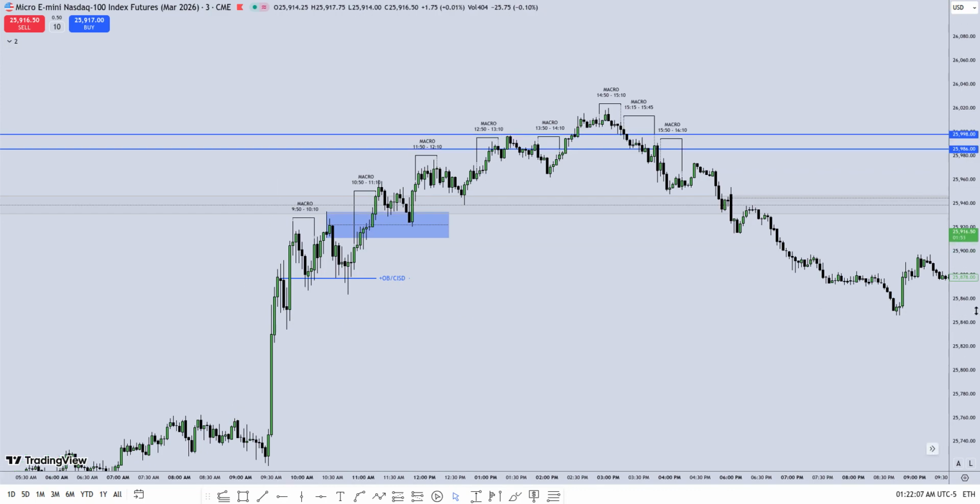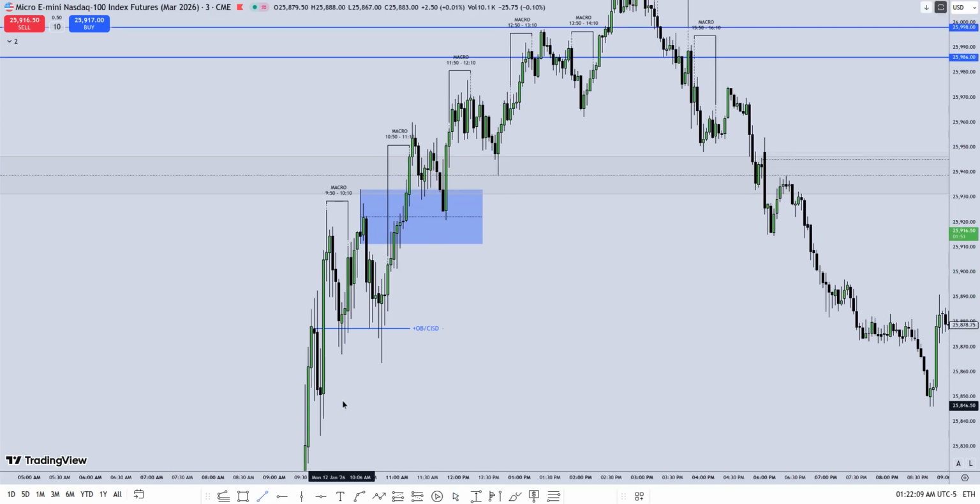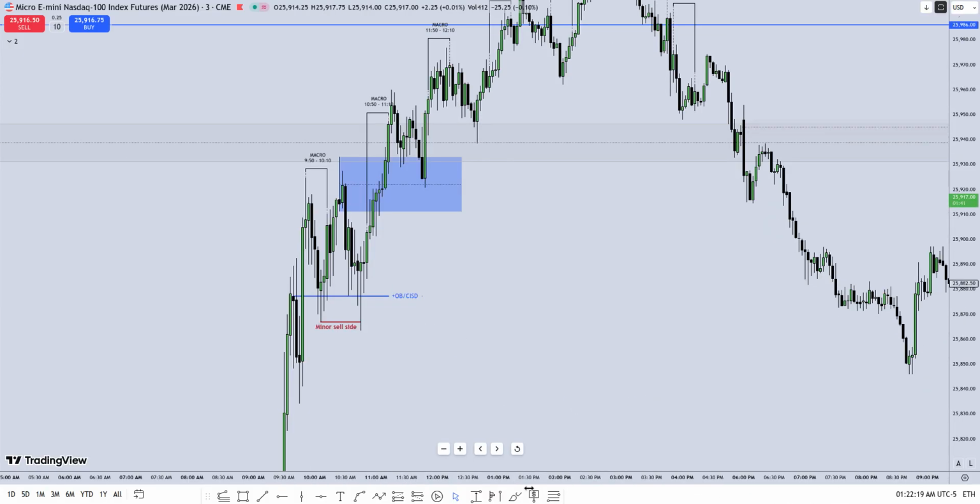Now it is a breaker in that we had a low that was taken off, like this was minor sell side taken there. This makes it a breaker because our breaker is a low, high, lower low, and a higher high.